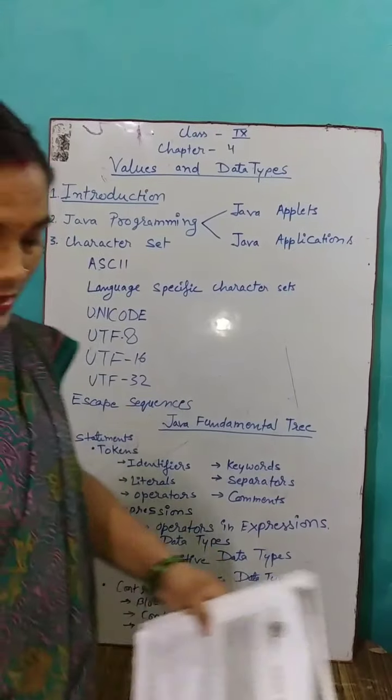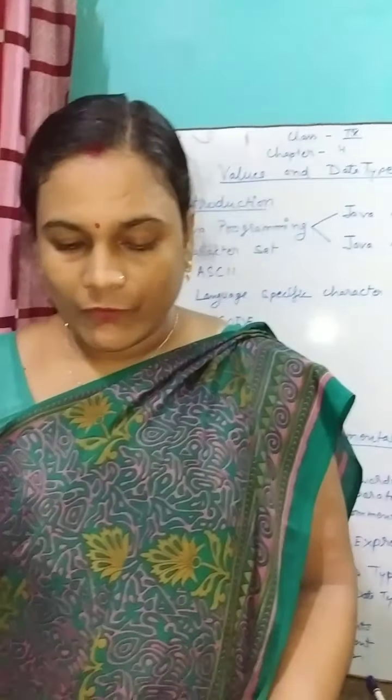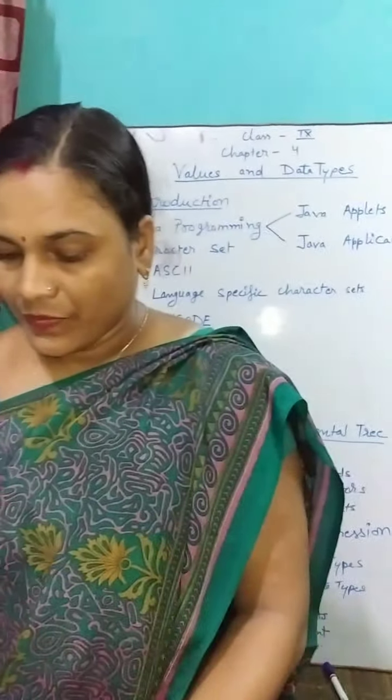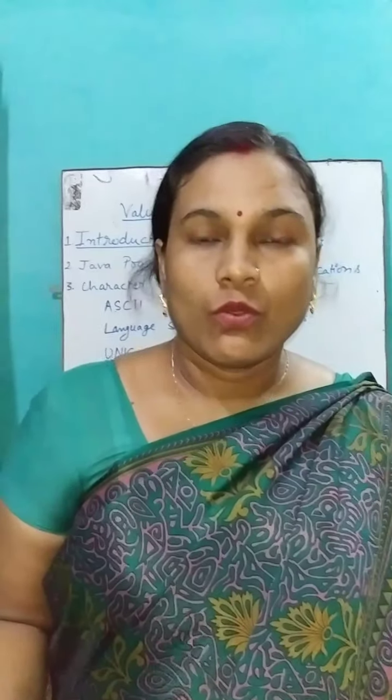Character set. What is a character set? A character set is a system for representing language in data. In a computer, it is represented in the form of 0 and 1 binary numbers. Okay, so binary numbers are used for representing the character set.